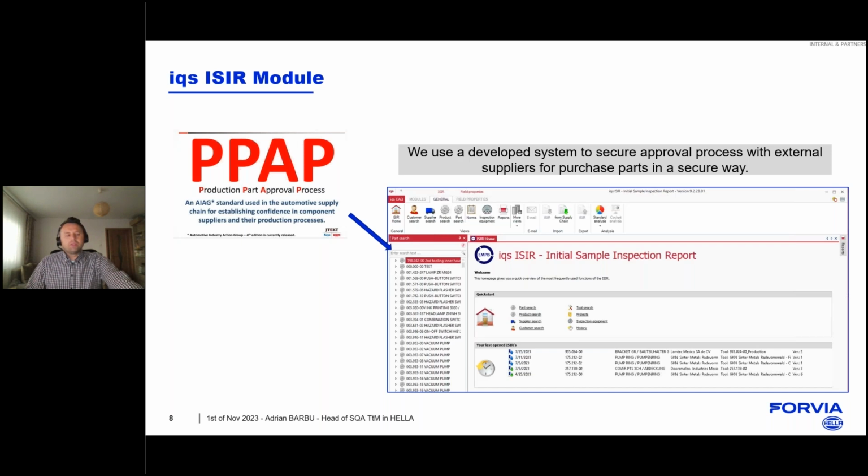So there is really ongoing communication within the ISIR module with our suppliers. We always have to import and export the information towards the suppliers, so they are able to see what we are still expecting from their side in case the information is incomplete.